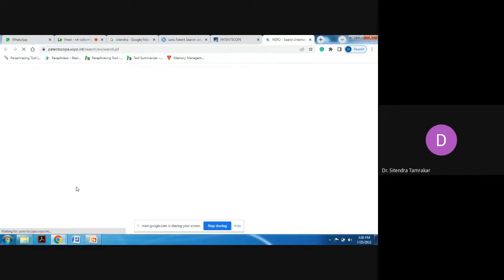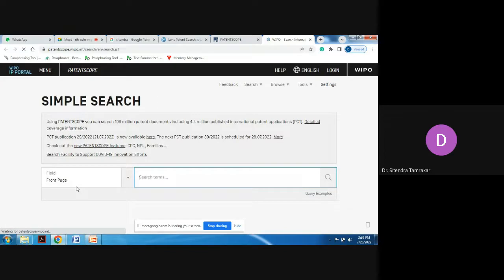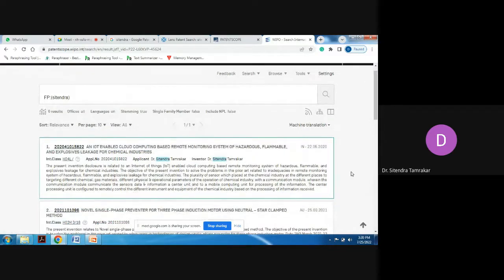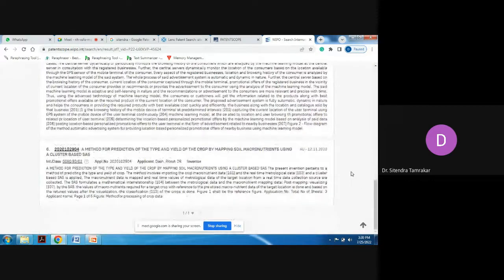The same keyword I'll put here so that we can compare all of them. I've typed my name and we'll see what we can get. So the patents I have filed, they are showing 6.